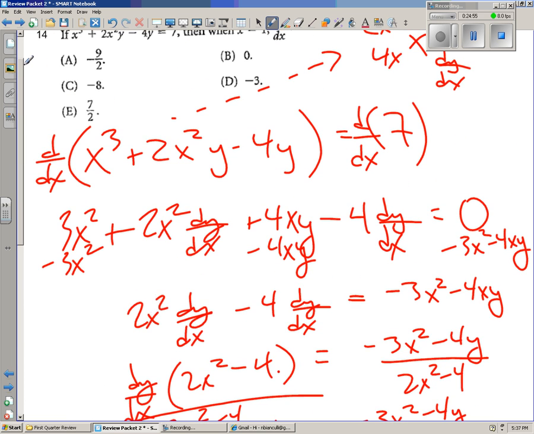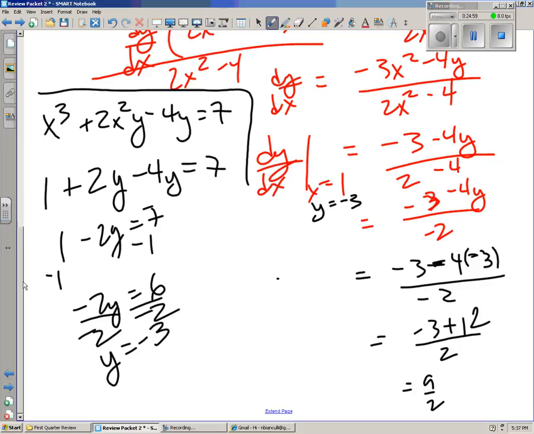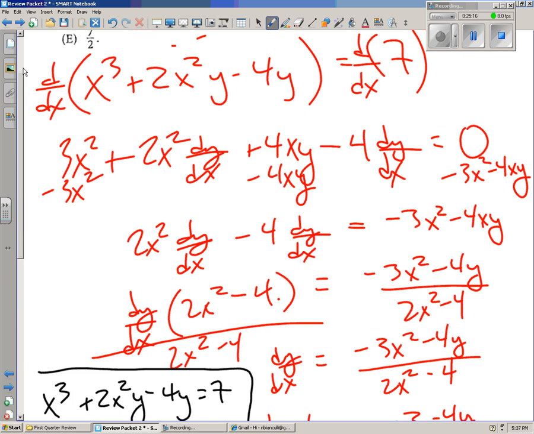And 9 over 2, oops, went wrong somewhere. Let's see. Sorry, this should have been a negative 2. I see where I went wrong. So 9 divided by negative 2 is negative 9 over 2. And now we have choice A.